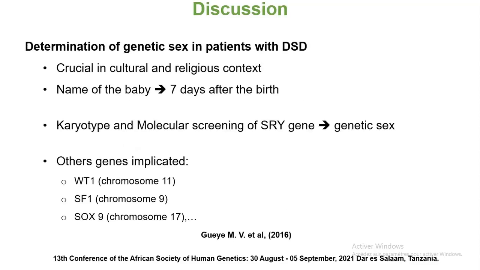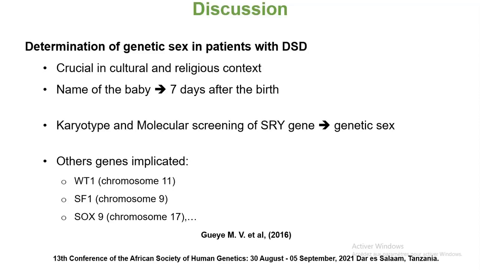The determination of the genetic sex in patients with DSD is crucial in our cultural and religious context. In fact, the parents give the name of the baby 7 days after the birth. The karyotype and the molecular screening of the SRY gene permit us to obtain the genetic sex in a few days.